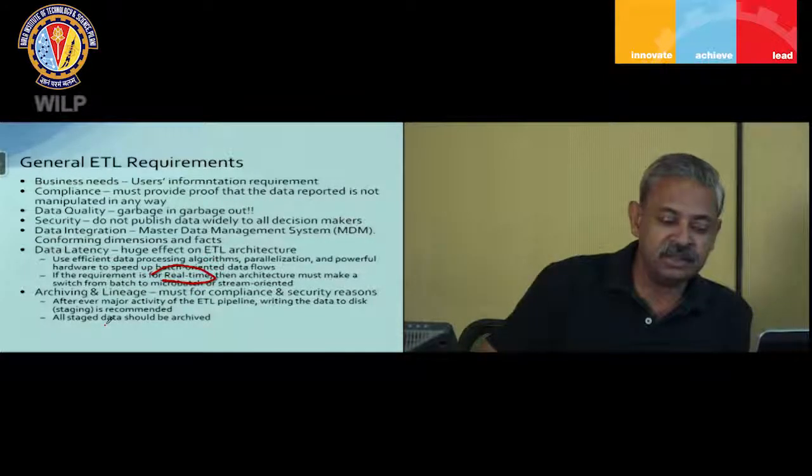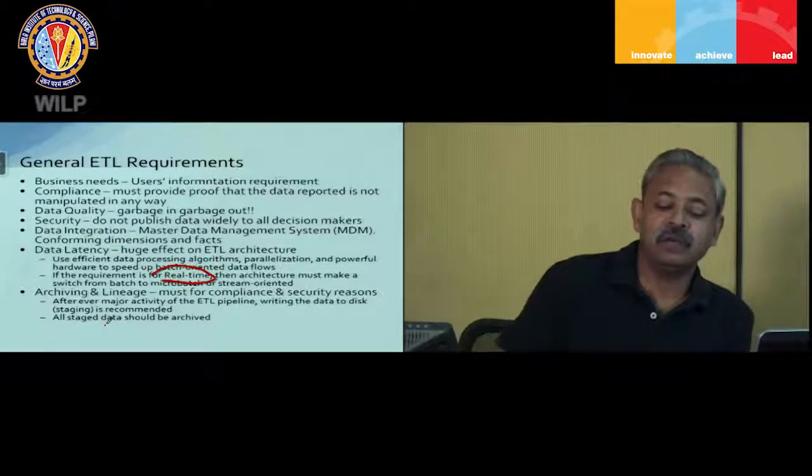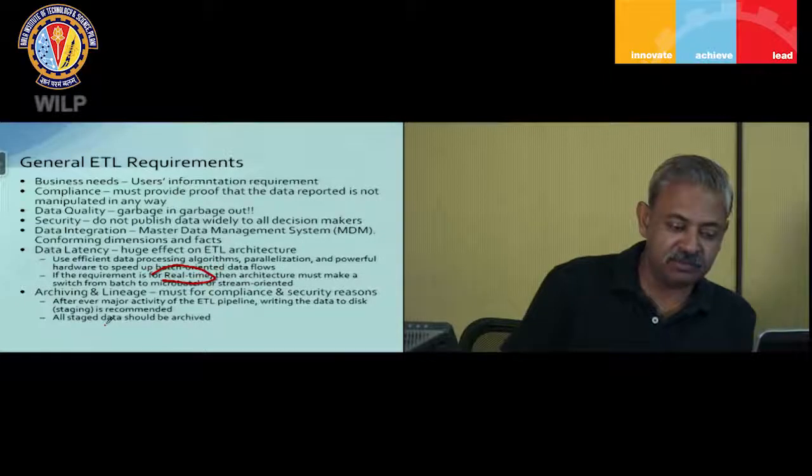And lineage means you try to see where from, what is the origin of the data, what kind of transformations it has gone through, and in what form it is finally there in the data warehouse. So this, loosely speaking, is also referred to as the data provenance problem, where we try to track the origin and the transformations of data.